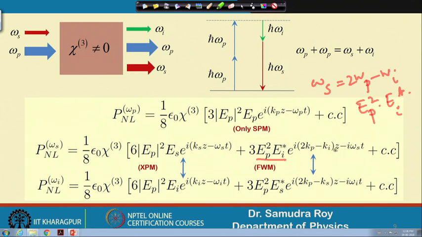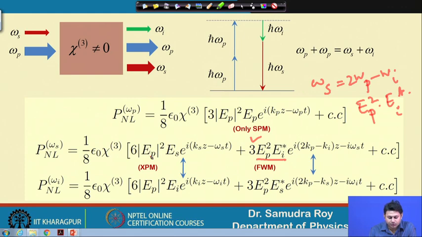The corresponding exponential term with the propagation constant is also written here, and the degeneracy factor 3 is coming because there are not 3 distinct fields, rather 2 fields are distinct, but E p and E p are same because I am multiplying twice. So, that is why the degeneracy factor should be 3.